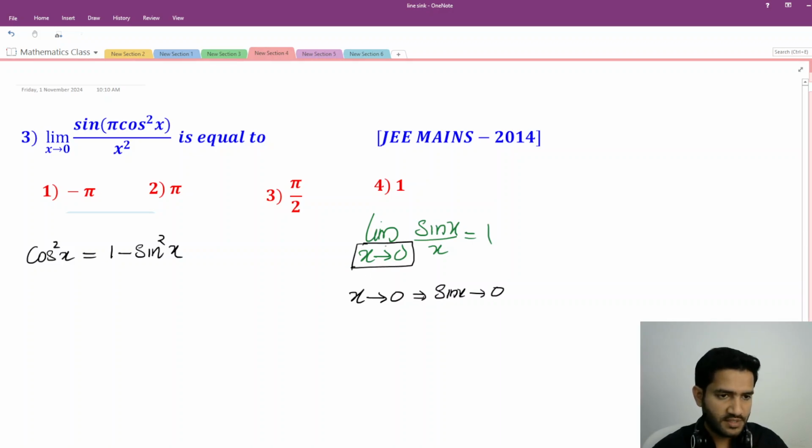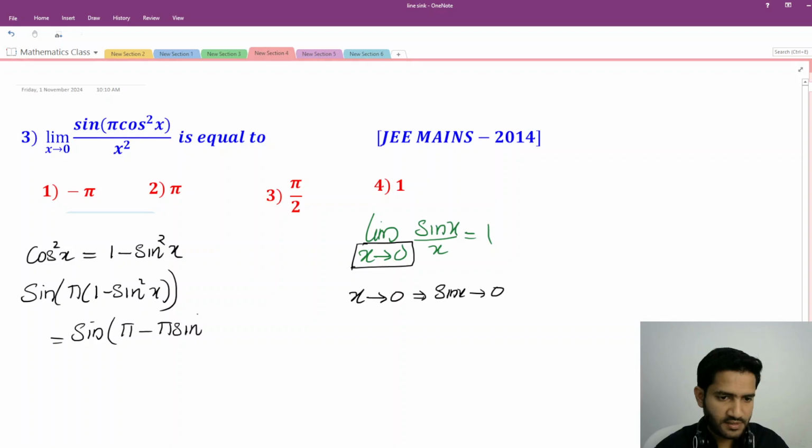So that's why we convert cos square to 1 minus sin square. Again, sine of pi into (1 minus sin square x). Open the bracket, we get sine of (pi minus pi sin square x).